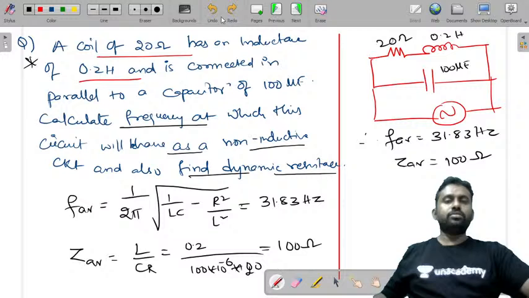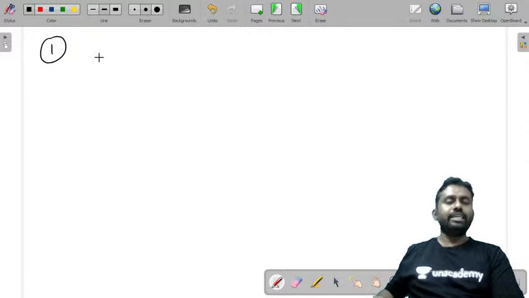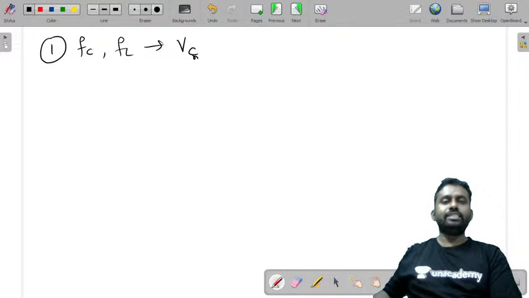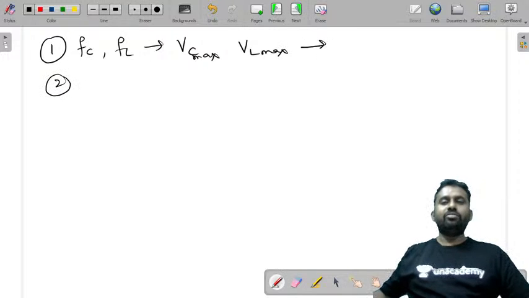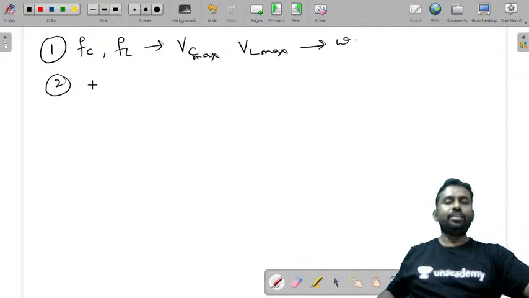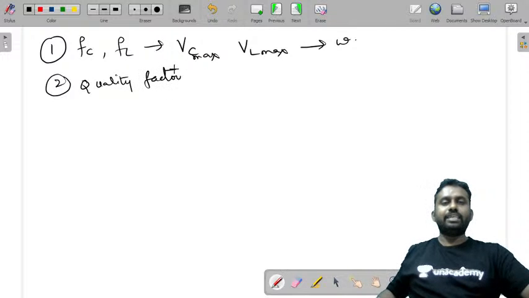So today's takeaways are, we have seen what is FC and FL, that is, capacitor voltage and inductor voltage are maximum at these frequencies, and their variation with respect to frequency. Then I told you about the quality factor of a series resonant circuit.